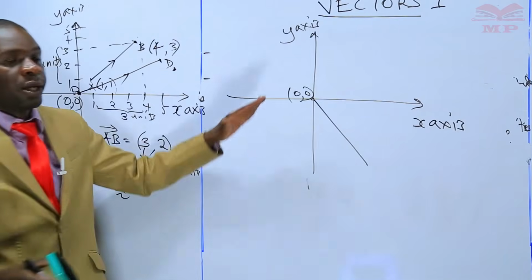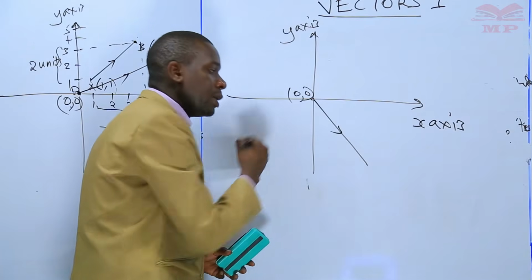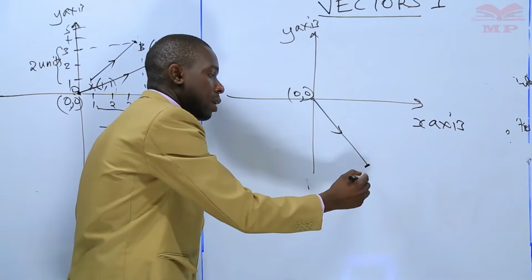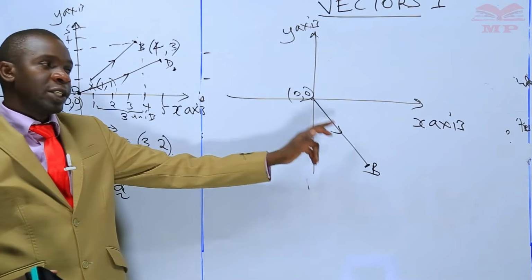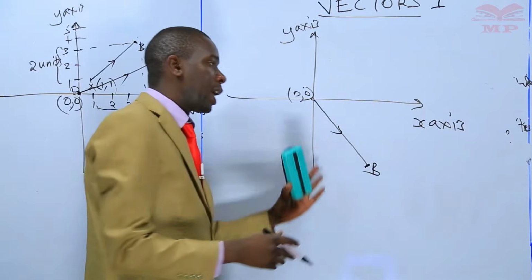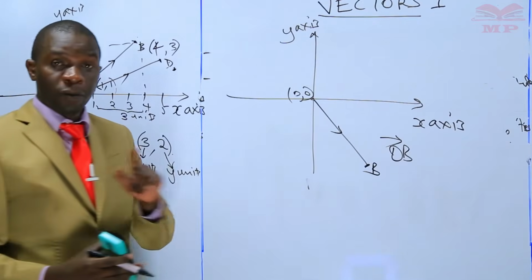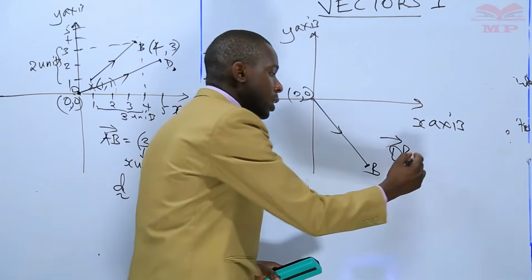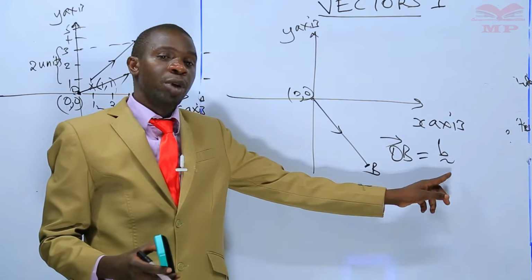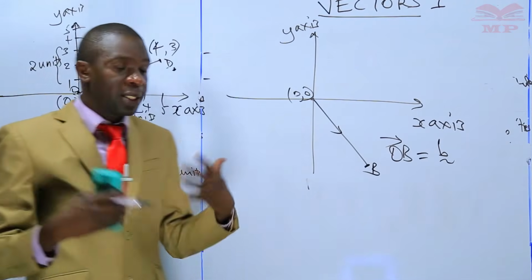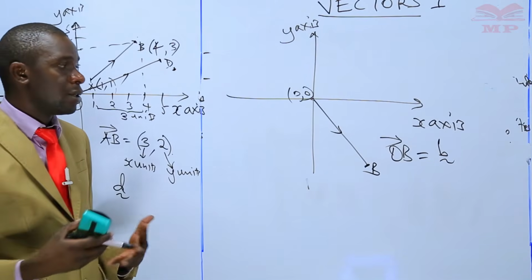I've just told you that these are called position vectors because they start from the origin towards, say, point B. Now, B is the ending point here. This vector is a position vector, and instead of writing vector OB, which of course is still correct, we can simply write this vector as vector b with a small wavy line just below the small letter b. So that is how we can represent vectors.